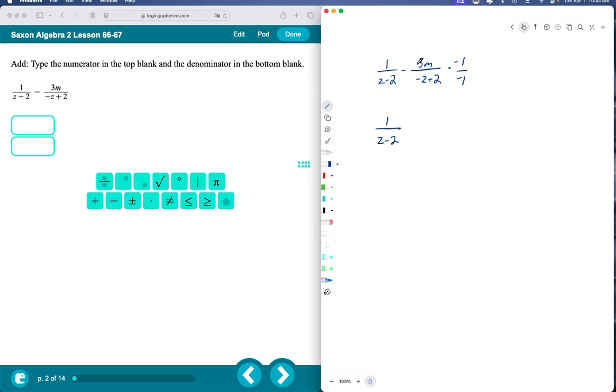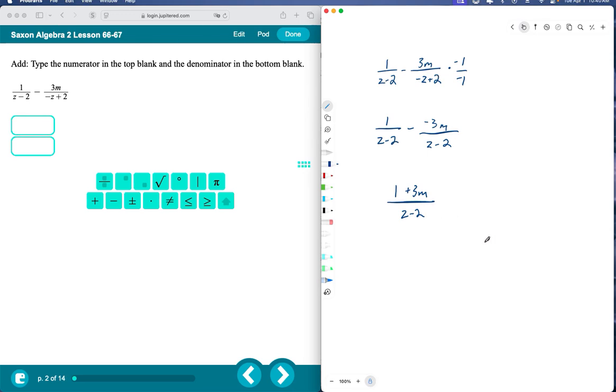So this would be a negative minus a negative 3m over z minus 2. So now they have the same denominator. So we have 1 minus a negative 3m, which is going to be plus 3m over z minus 2.